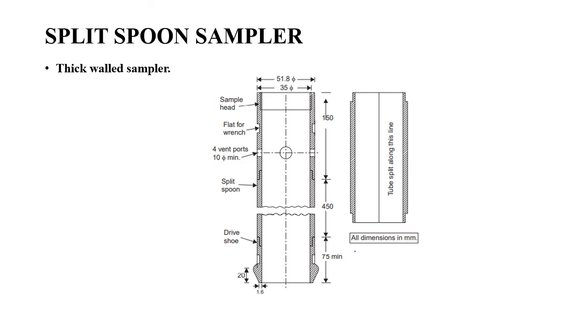Or in some cases, we can put a liner inside the split spoon sampler, retrieve the sample with the liner itself, and seal both sides with wax, so that it becomes a moisture proof sample and can be transported to the laboratory.